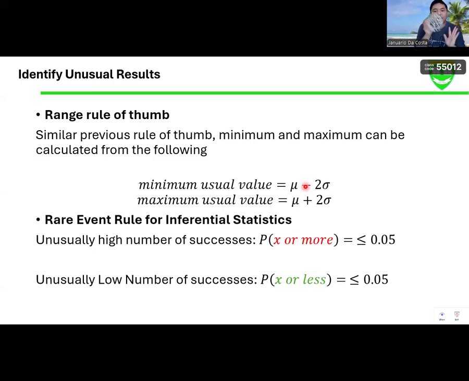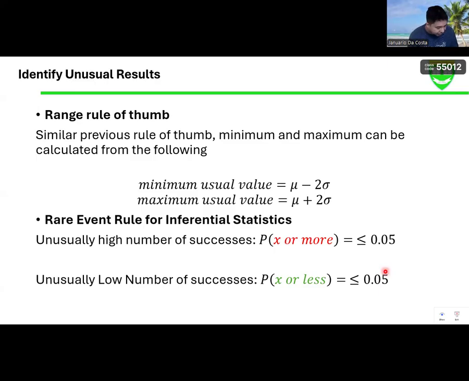Okay, so this is where you define the specific number for rare events. Unusually high number of successes. This is the magic number: 0.05. If the probability is less than 0.05, or 5%, that is a rare event.